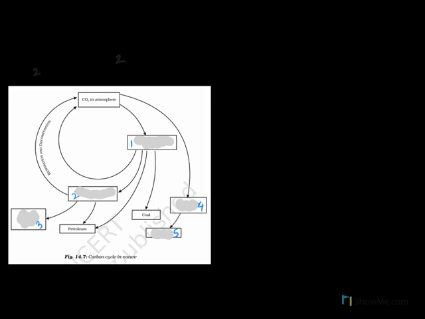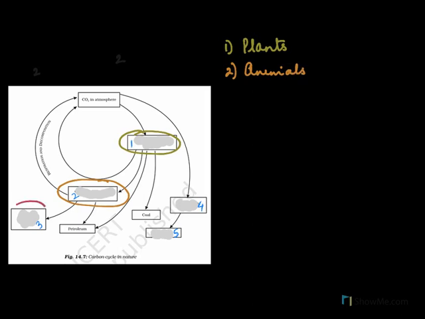Here is a carbon cycle, and this one represents plants, organic compounds or plants. The carbon dioxide first enters into the plants. Then we have 2, from the plants, it enters into the animals, organic compounds in animals. Then this 3 could be shells of marine animals.